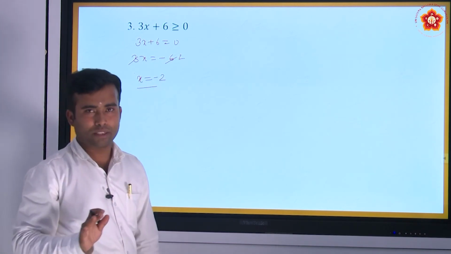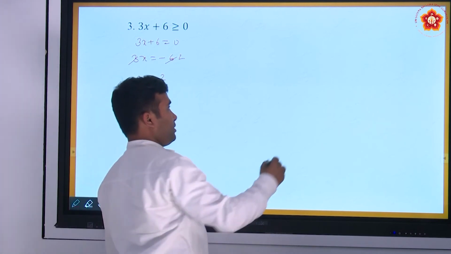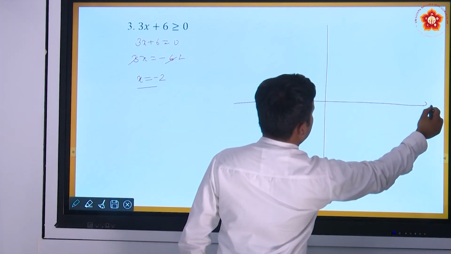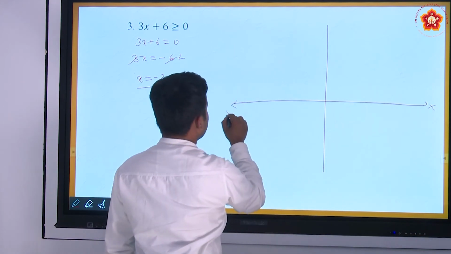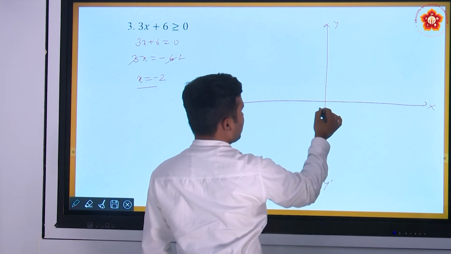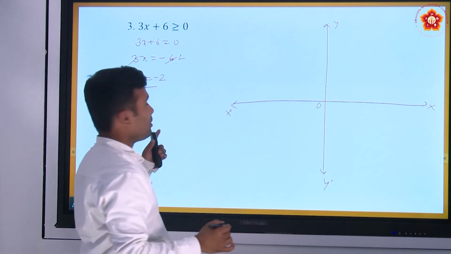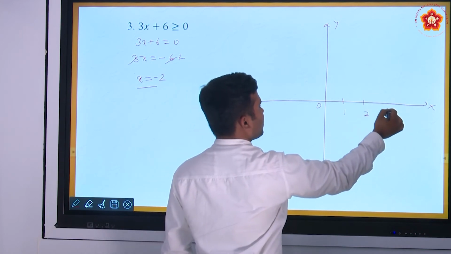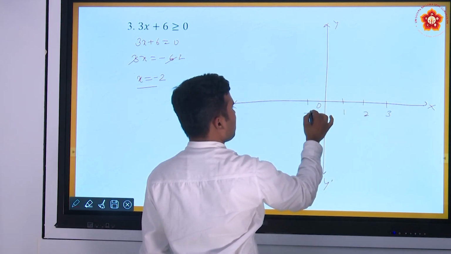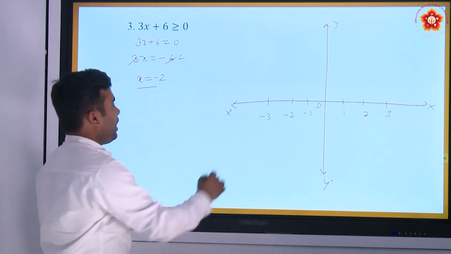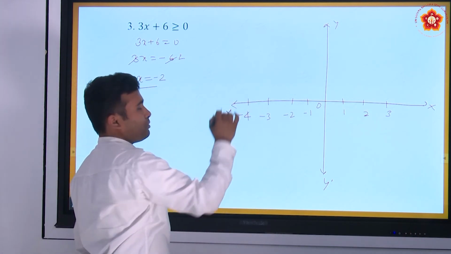Represent x equal to minus 2 in the xy plane. That is, x dash, y dash, origin, and here x equal to what? Minus 2. Here I have x equal to 1, 2 like that, and here x equal to minus 1, minus 2, minus 3, and even x equal to minus 4 if you take.